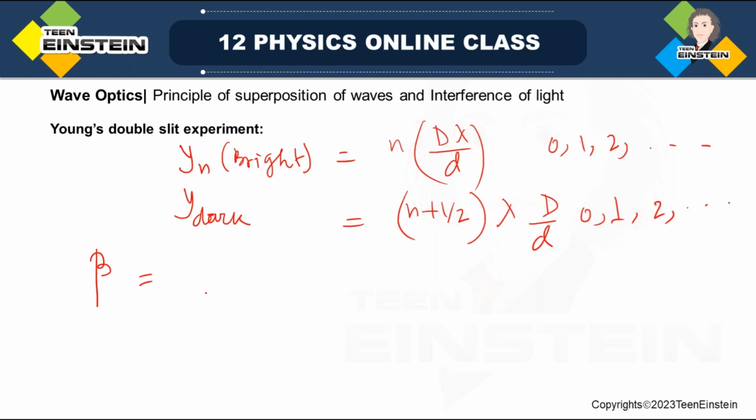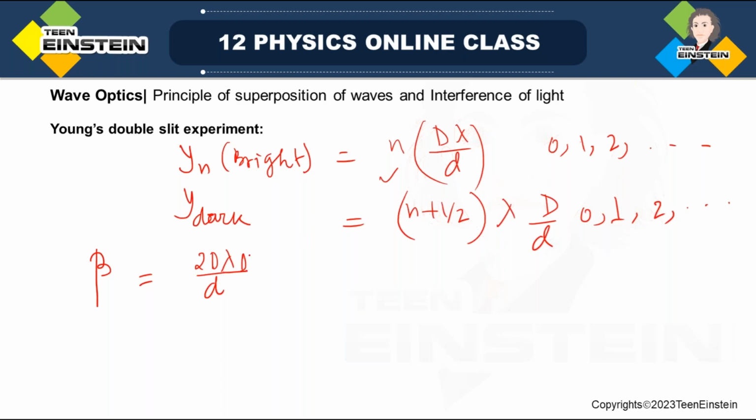If we do it for the first one, n is equal to 1, and then n is equal to 2, so you will get n to n. See, if we put n is equal to 2, then 2 D lambda by small d.